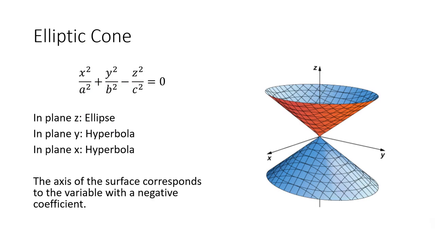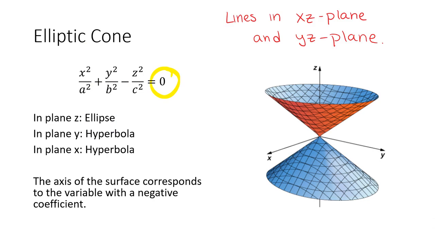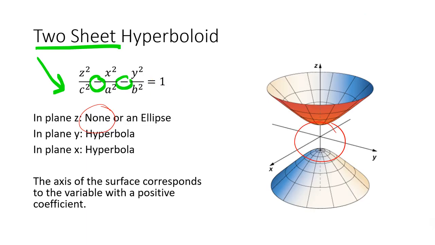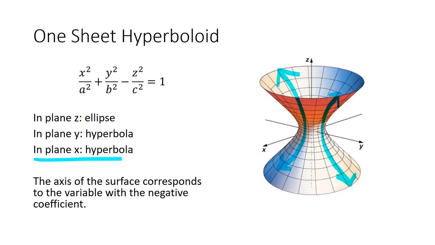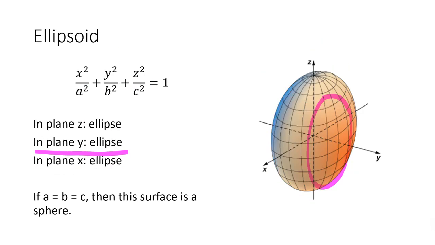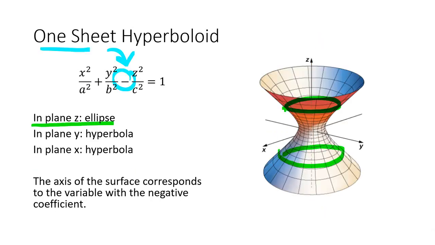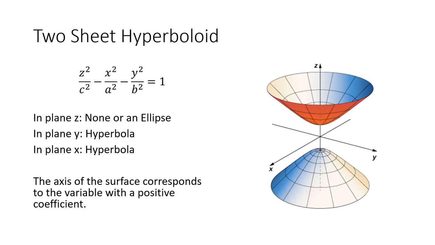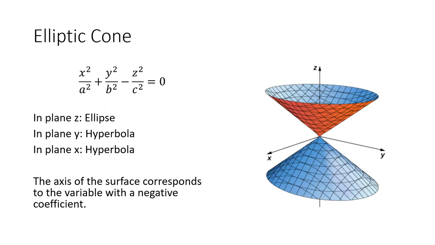All right, our next surface is the elliptic cone. And the elliptic cone, the really big difference here, notice it equals 0. If we go back, the hyperboloids, as well as our ellipsoid, they all equaled 1. They had a constant term in them, basically.